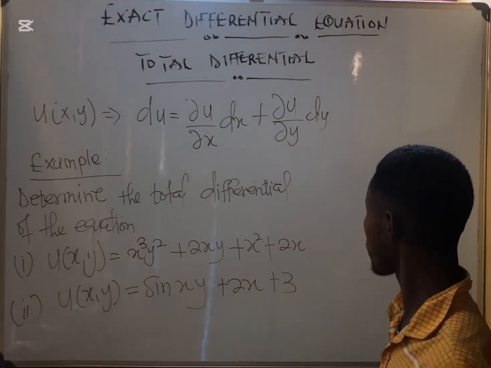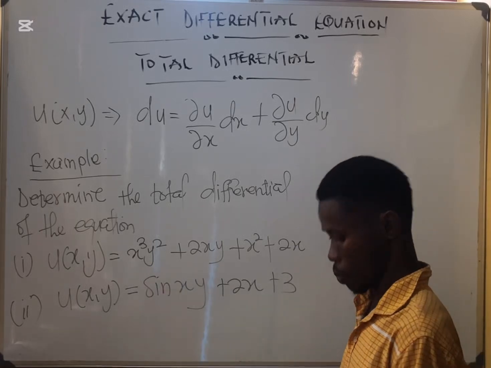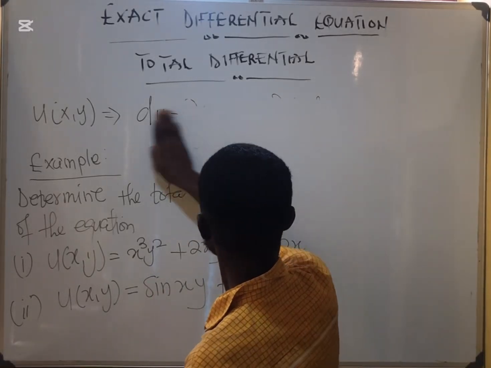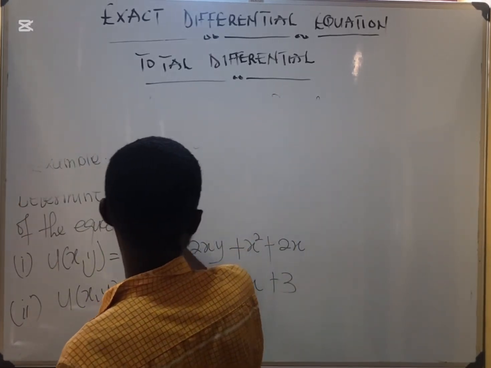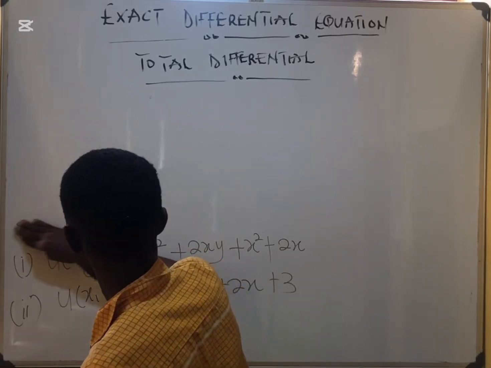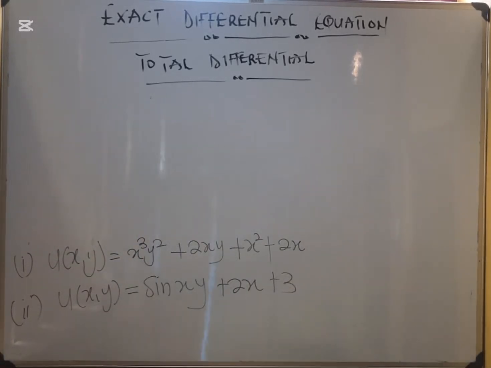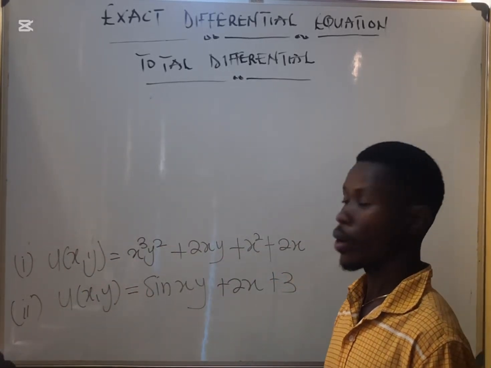Okay, so now let's look at the first example. The first example is saying that we should find the total differential of this.